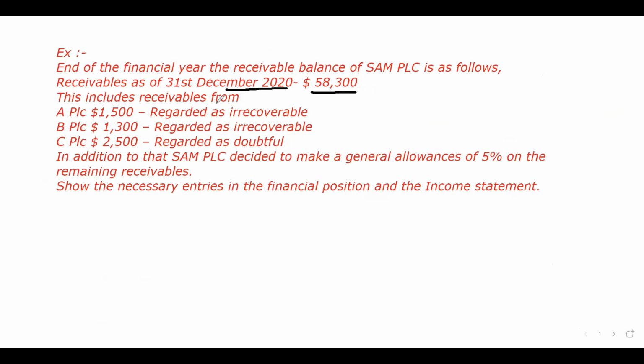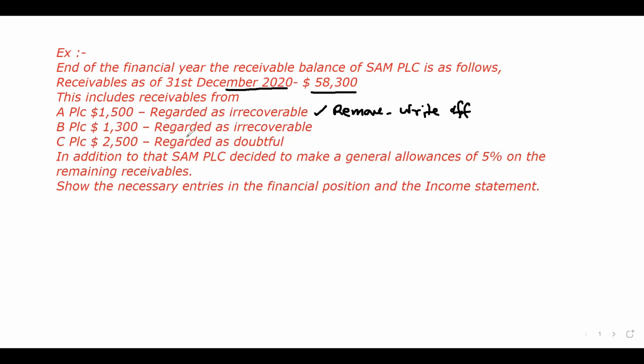This includes receivables from APLC 1,500 regarded as irrecoverable, which means we need to write off this balance. So we will not be able to recover this amount.